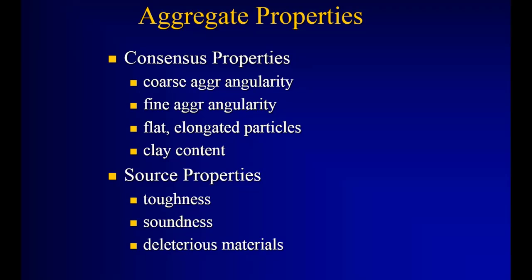As you got into the highest traffic aggregate blends or mixes, what you would say is something like maximum of 20% natural sands, essentially pit run fine aggregate, which is really more of a thematic or a general look at the aggregate. It says nothing about its physical properties.